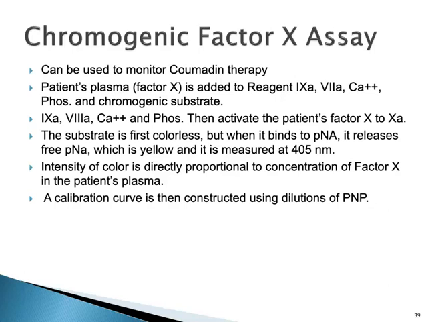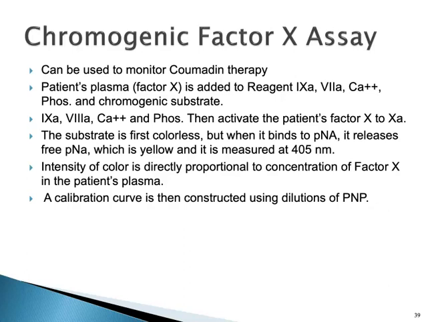The substrate is at first colorless, but when it is cleaved it releases free PNA, which is yellow in color, and it is measured at 405 nanometers. The intensity of the color is directly proportional to the concentration of factor 10 in the patient's plasma.